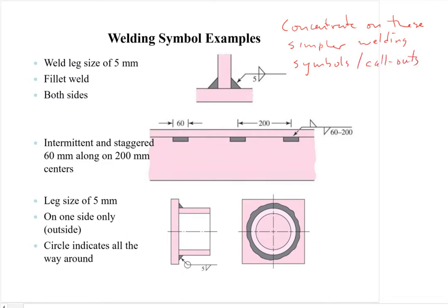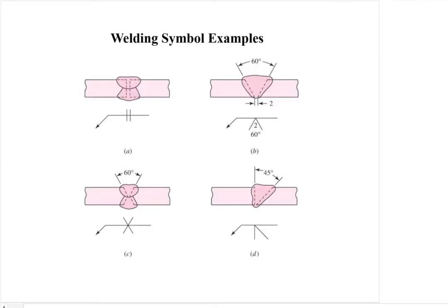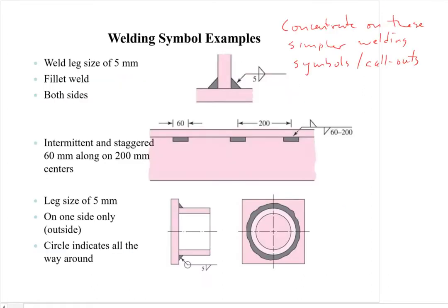So let's go back up to page 3. I'm never going to give you something as complicated as this. It's going to look more like this. So you should be able to find these in an open book exam.